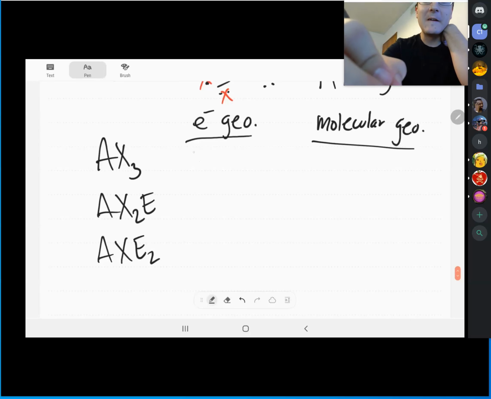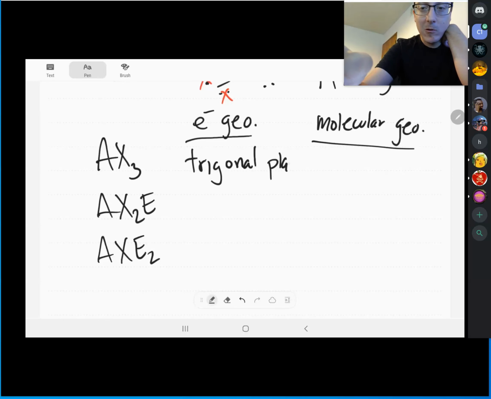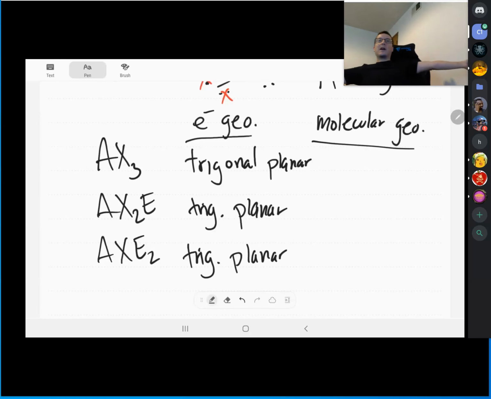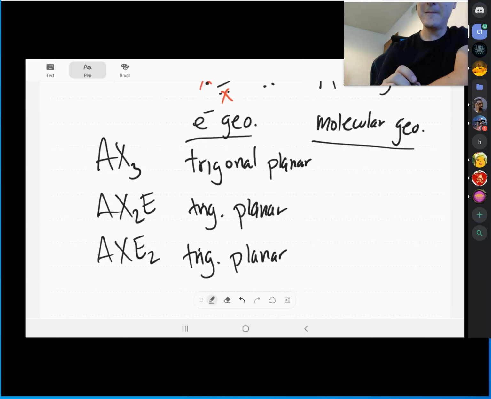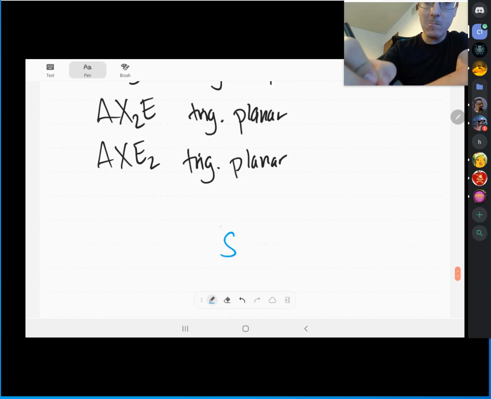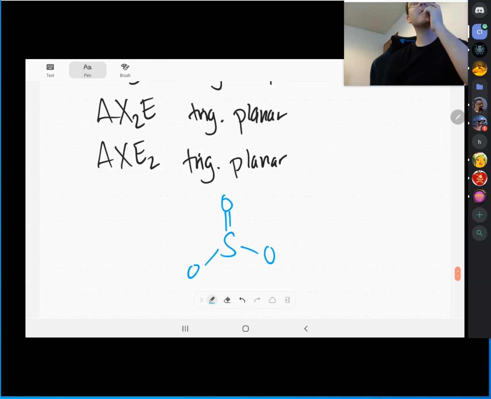Trigonal planar, yeah. Very good. Remember, they kind of look like triangles. We saw, for example, this molecule, right?